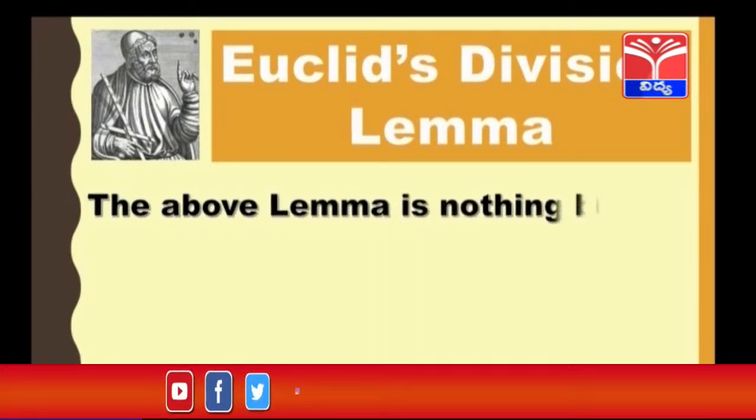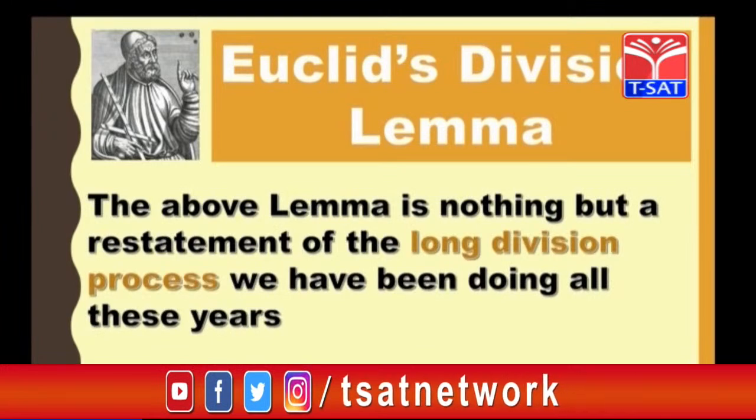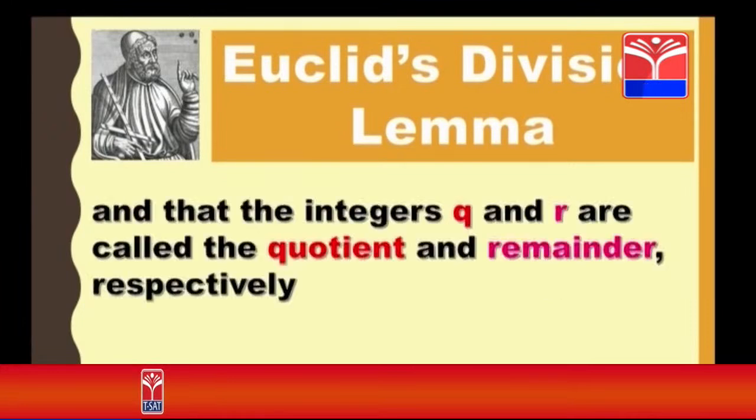So the above lemma is nothing but a restatement of the long division process we have been doing all these years, and the integers q and r are called the quotient and remainder.